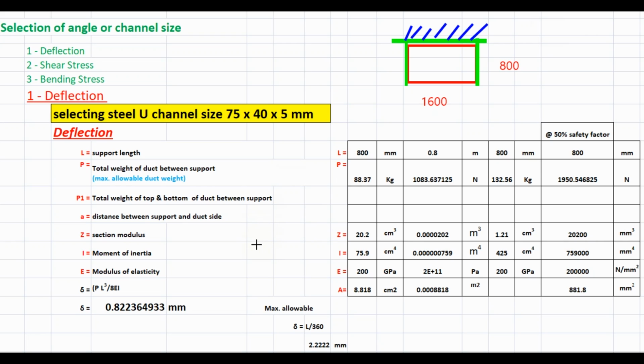When we apply these values in this formula, we found the deflection in this U channel due to this duct equal to 0.82 millimeter and allowable maximum deflection for this channel length is equal to 2.22 millimeter. So as per deflection calculation, this U channel is safe to use for this duct riser support.